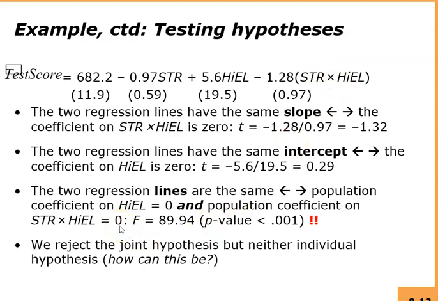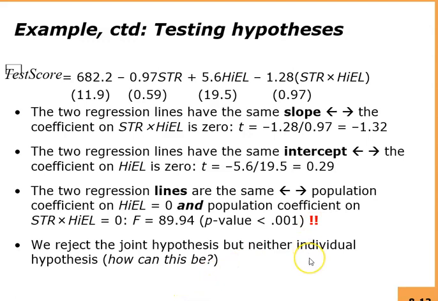Now this joint hypothesis is rejected at the 1% level of significance because you're using the F-stat over here, and this F-stat will be obtained by Stata if you actually run this test on Stata. So in this scenario, what should we do? Because the joint hypothesis test tells us that the two regression lines are not the same, while the individual t-tests are telling us that the two regression lines have the same slope and they also have the same intercept.